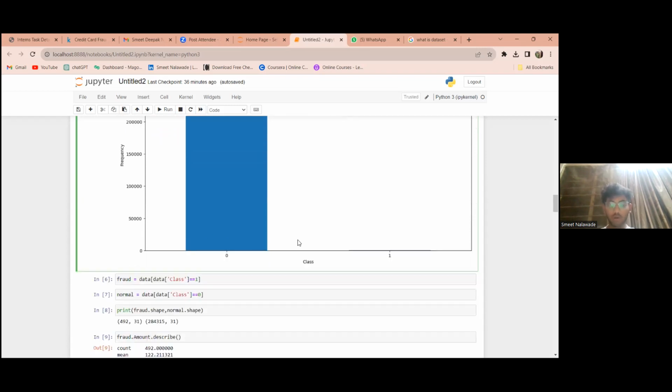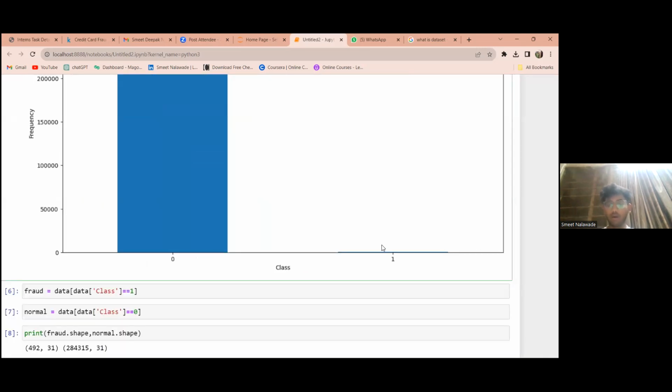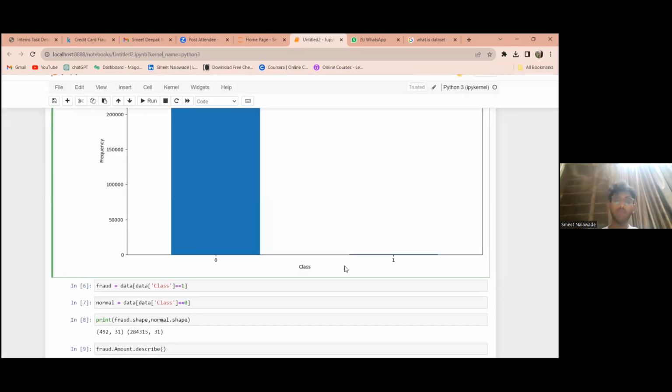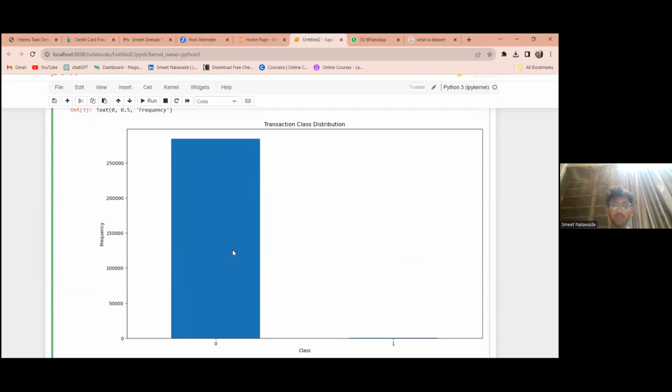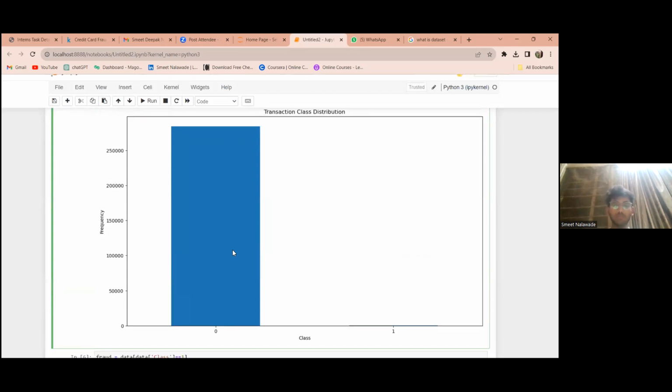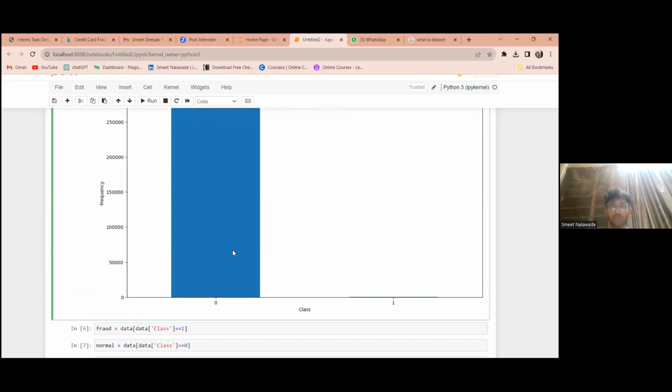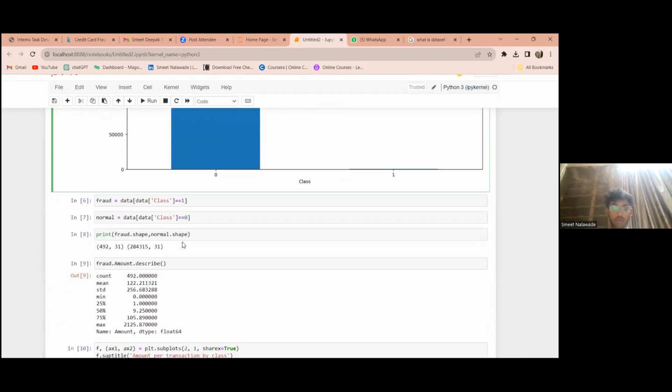If you zoom in, you can see a small line on the one mark, which we have assigned as fraud, and on the zeroth mark, it is the normal transaction. So here is a small comparison between the normal transaction and the fraud transaction. Here we have assigned one as fraud and 0 as normal.